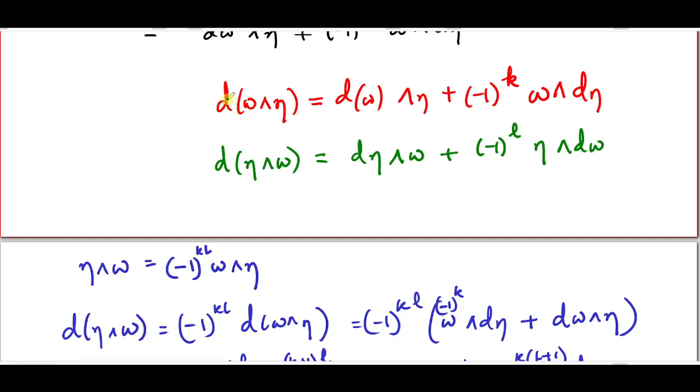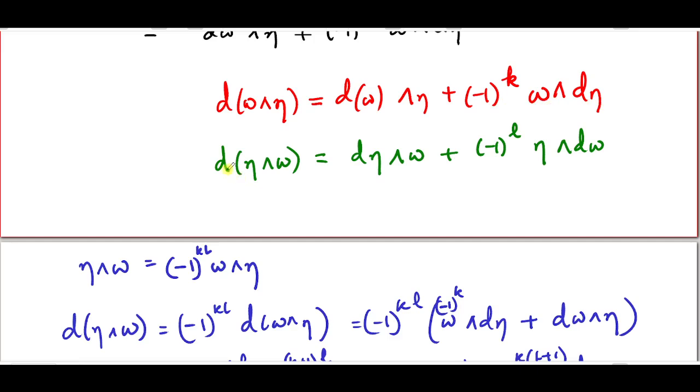But if d were to jump across omega and go and hit eta, it's like you're interchanging omega and d, and because you have a one form and a k form, the interchange gives you an extra factor of minus 1 to the k. So you can think of d as something which is jumping across the coordinate basis one forms on the way. Since it's jumping over k such to get to hit eta, you are getting minus 1 to the k.